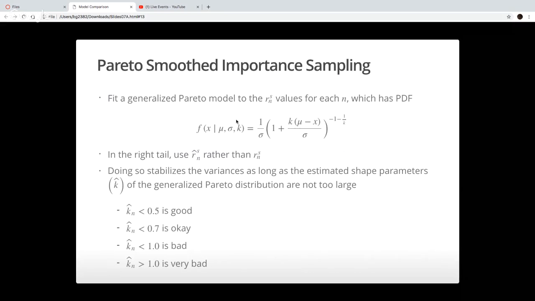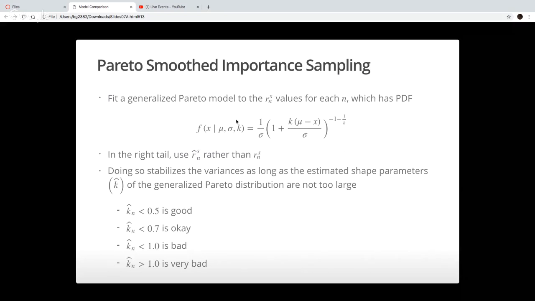And so that works great if your estimate of the shape parameter of this generalized Pareto distribution is not too large. If it's greater than 1, then the expectation of the generalized Pareto distribution doesn't exist, and this reweighting procedure is not valid. If it's greater than like 0.7, if you maybe have 1 or 2 of those, it's not so bad.